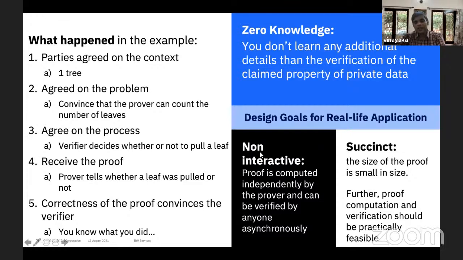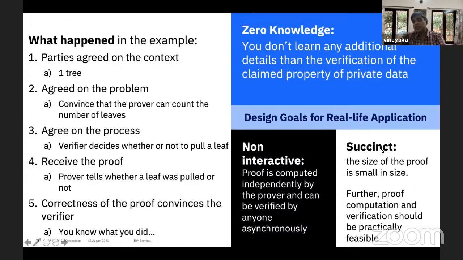One is that these proofs are non-interactive in nature, meaning that once the context is clear, right, and the context is not going to change, the proof is computed independently by the prover and can be verified by anyone. Okay, not just one verifier, but by any verifier. So a lot of innovation has gone into making it non-interactive.